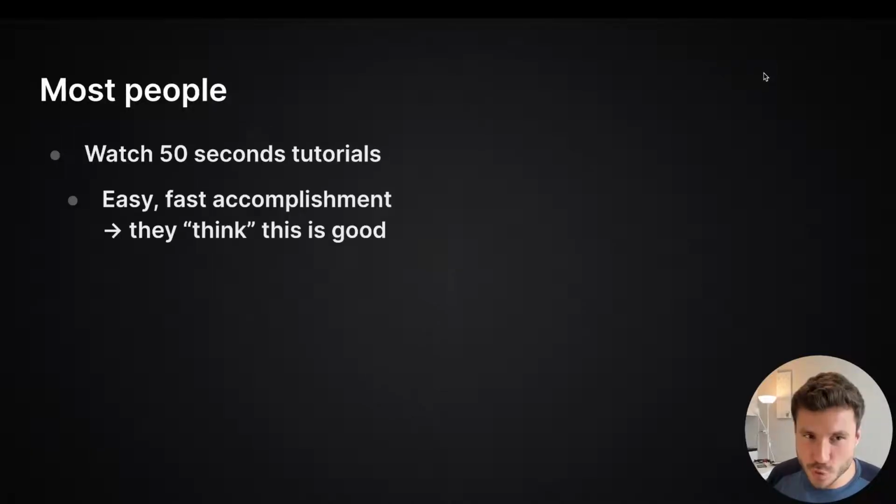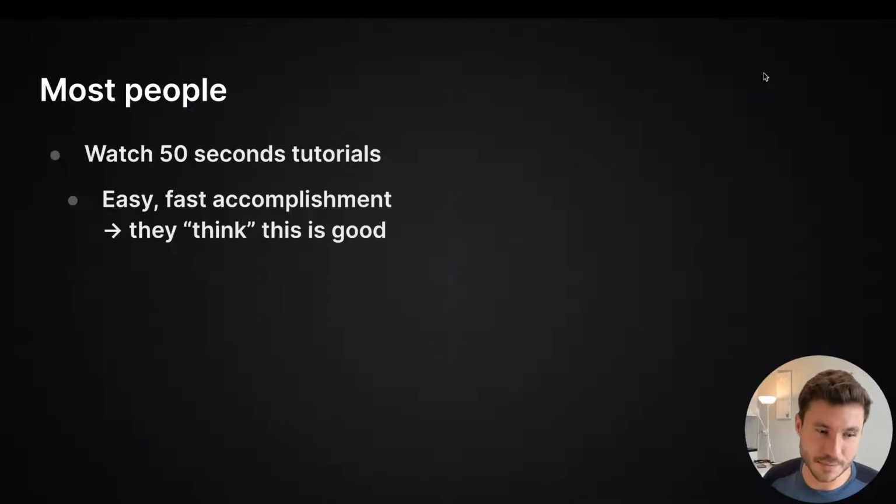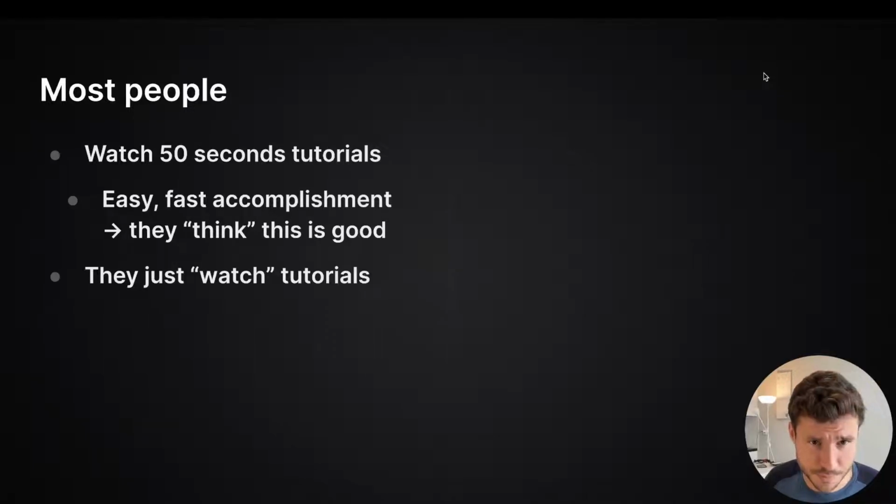And why are they doing that? It's because they get an easy, fast accomplishment. They get the result in 50 seconds. It's the same reason everyone is using social media: they post something, get a few likes, get instant feedback, and they think, oh, this is good, I produced something. And that's absolutely not true, as we will learn in a second.